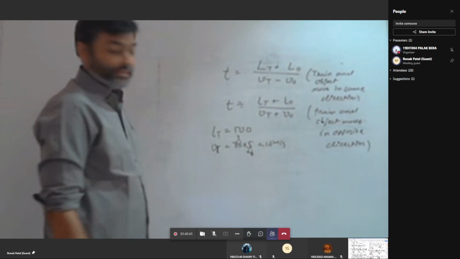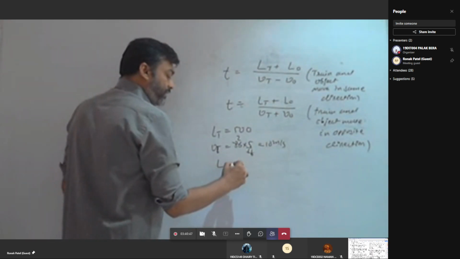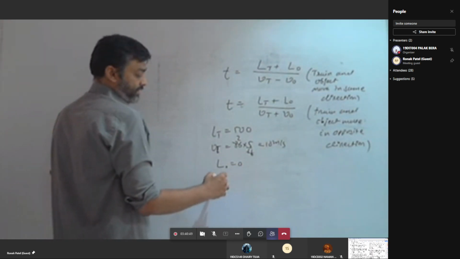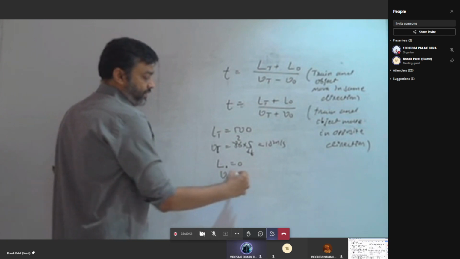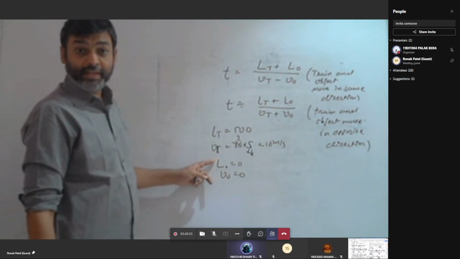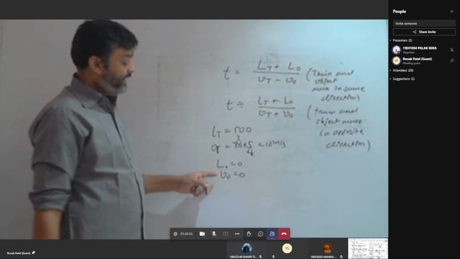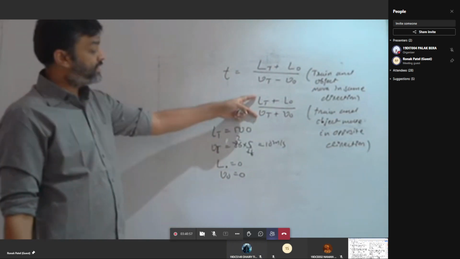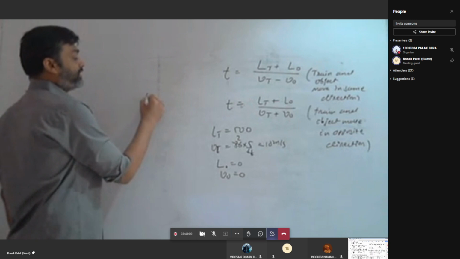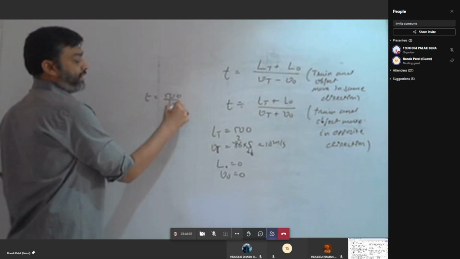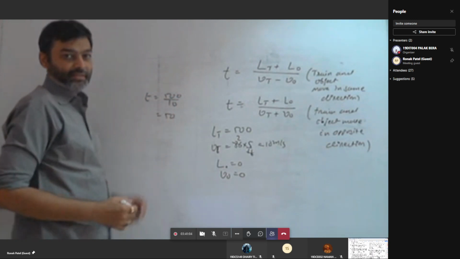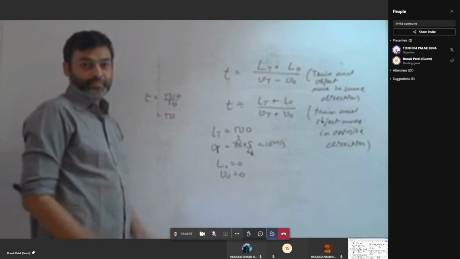In what time will it cross the electric pole? Both the length and speed of the pole will be 0, because the length of the pole is neglected and the speed of the pole is also 0. So time taken is 500 by 10, that is 50 seconds. You're right, everybody. 50 seconds.